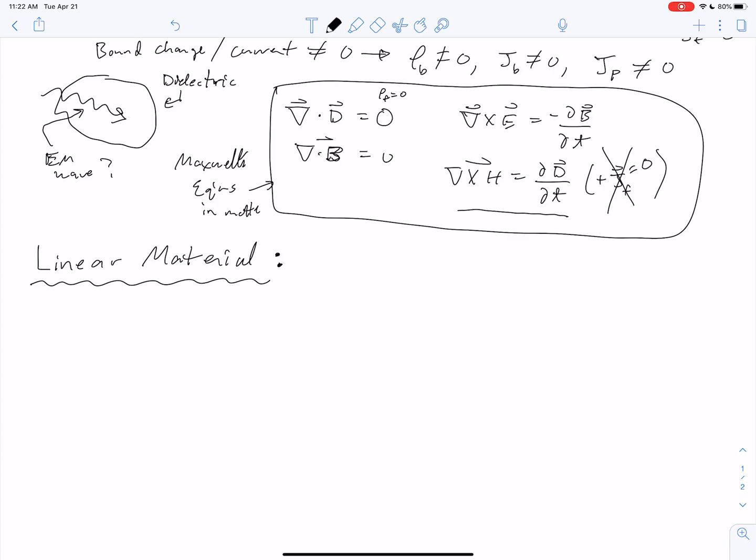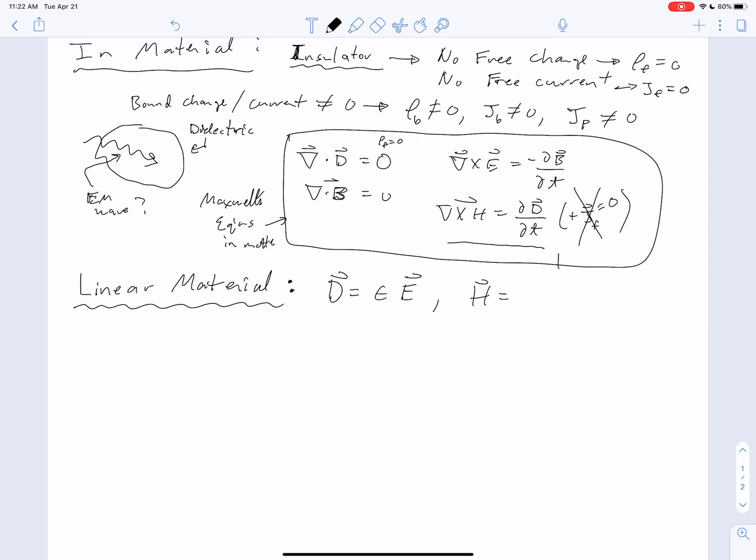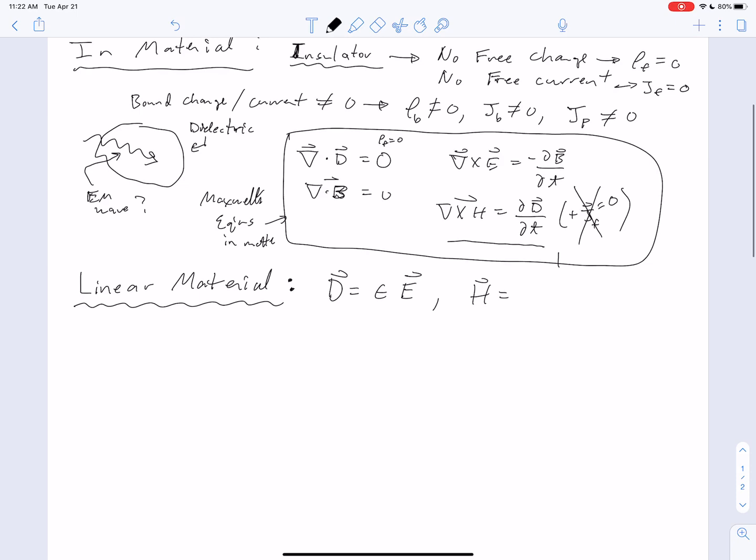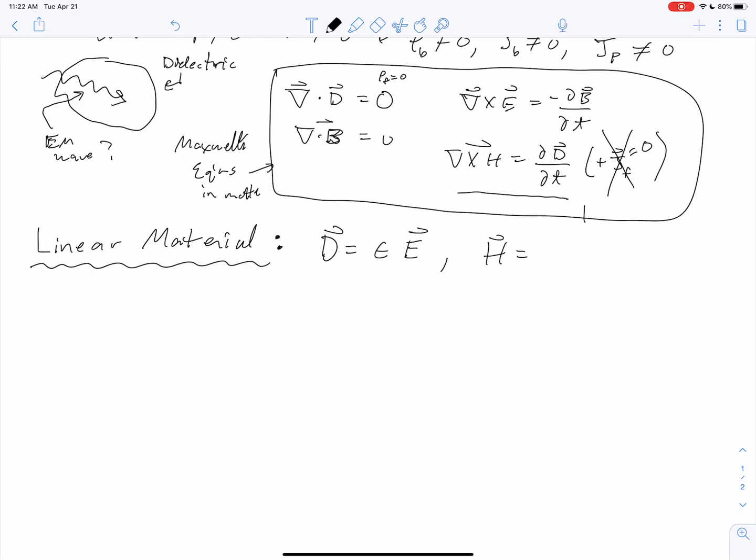For a linear material, we have D is equal to epsilon E, and then we have H is equal to 1 over mu B. Sorry, actually, a student told me how to deal with this, but I didn't implement it yet.